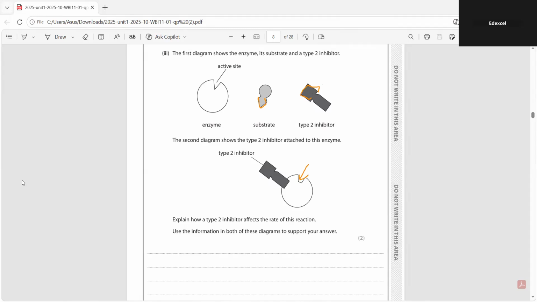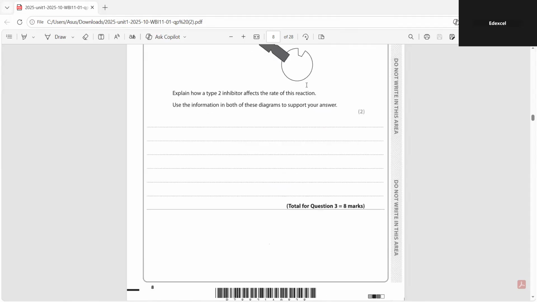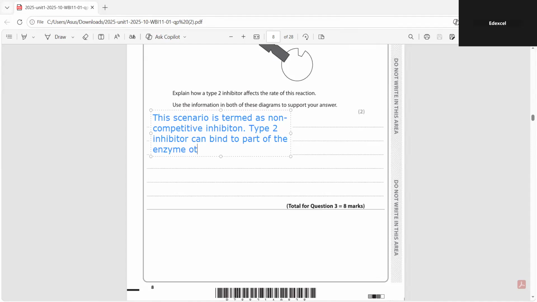So you can write, this is not a competitive inhibitor. This is non-competitive inhibition. So you can say this scenario is termed as non-competitive inhibition, right? So here the type 2 inhibitor can bind to part of the enzyme rather than the active site.